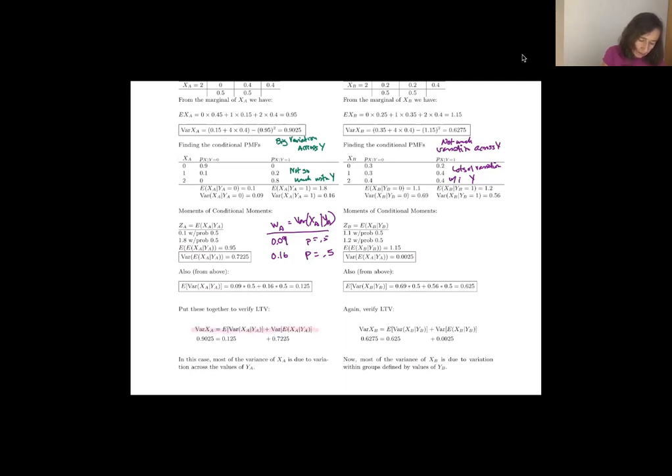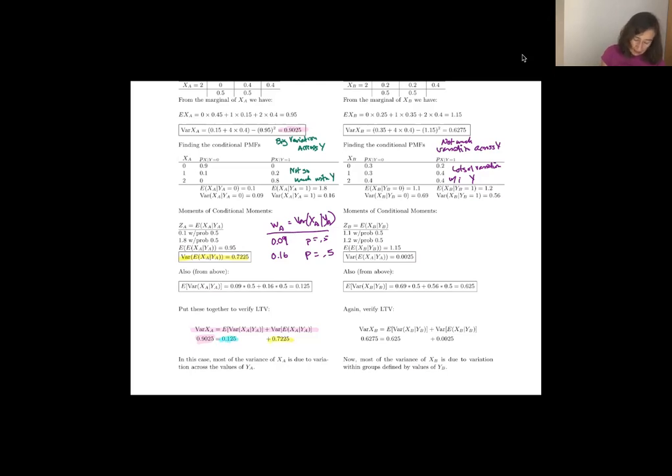Okay, we have the unconditional variance. We have the variance of the expected value here, and we have the expected value of the conditional variance.